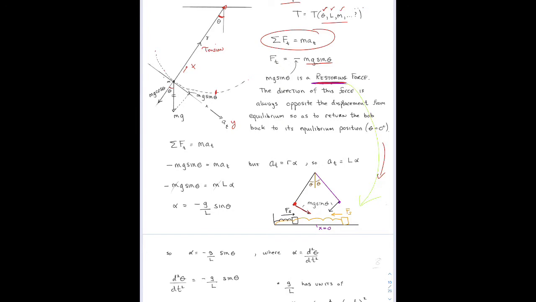If I project it down and look at a mass on a spring, when the mass is over here, the spring force points inward toward the equilibrium position, toward the relaxed position. When the pendulum swings over here, my mg sine theta has now switched direction. It now points downward to the left, but it's always in the direction toward the equilibrium position.